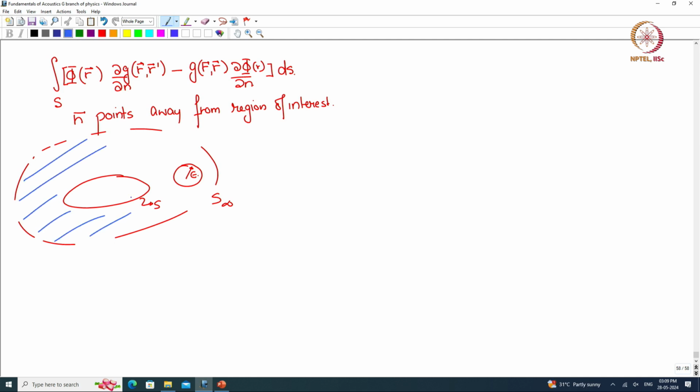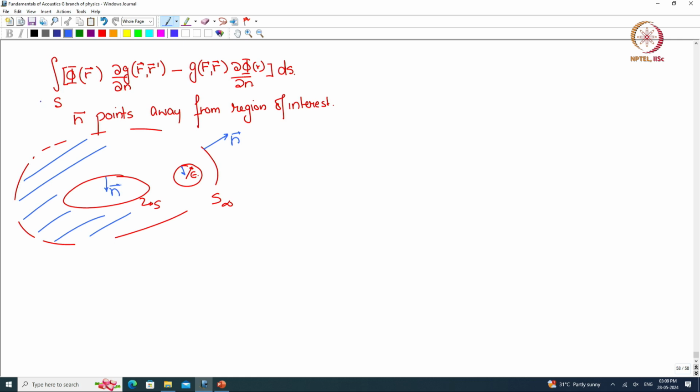Then the normal on this surface, on this epsilon sphere, points inward, on this infinity sphere points outward.